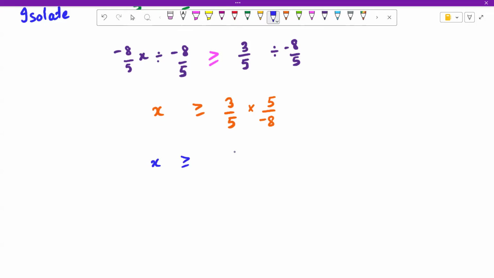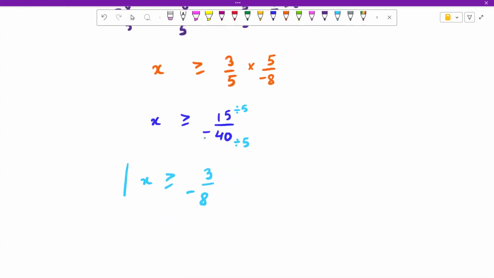Yes. We divided both by 5 and got x greater than or equal to 3 over negative 8, right?